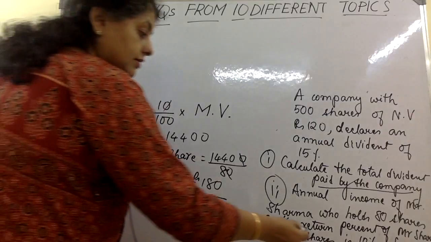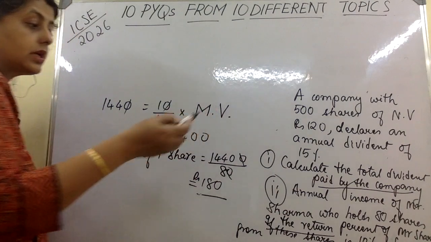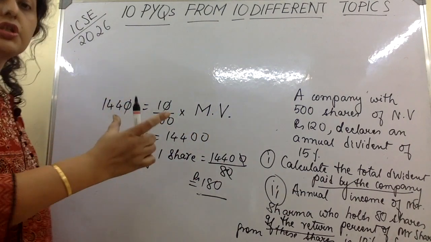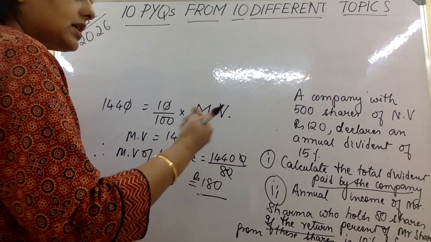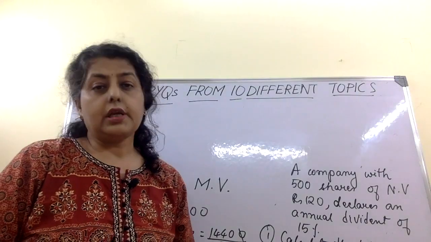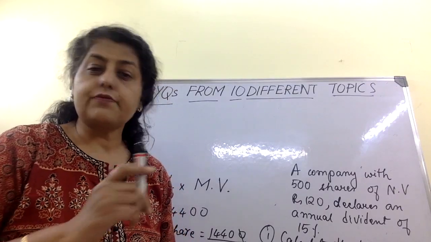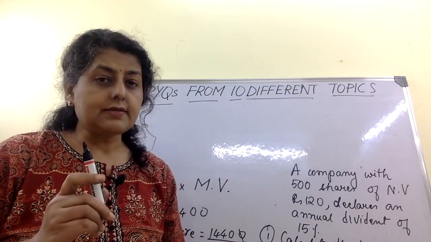On his return, if the return is 10%, then every bit of language in this sum matters, so you have to read these sums a few times and understand. So this is it. These were my sums, the 10 previous years' questions for the 10th standard syllabus.